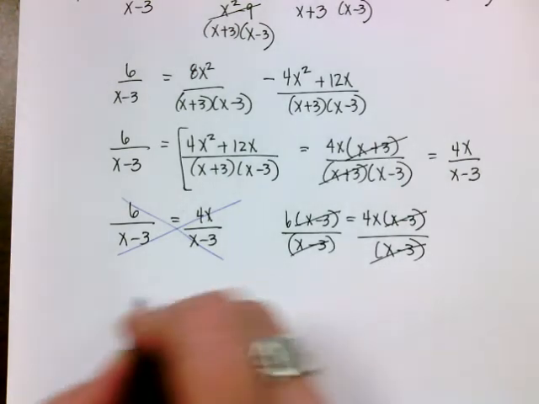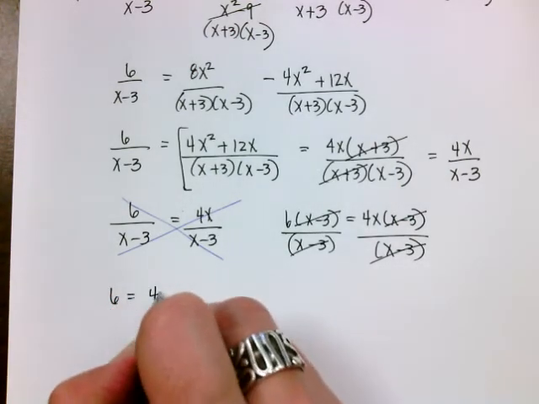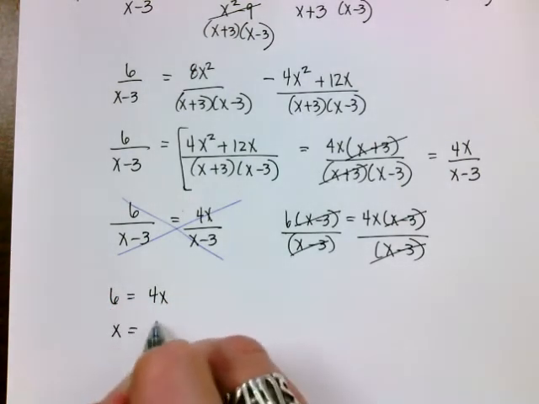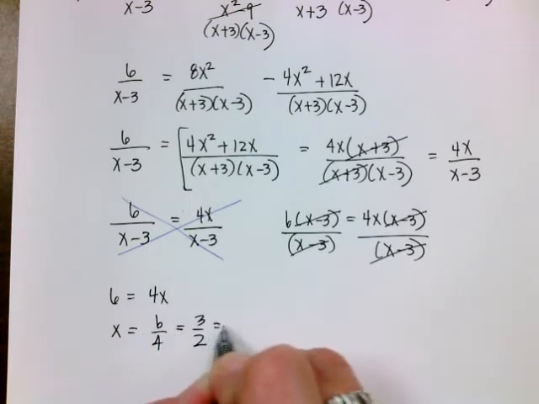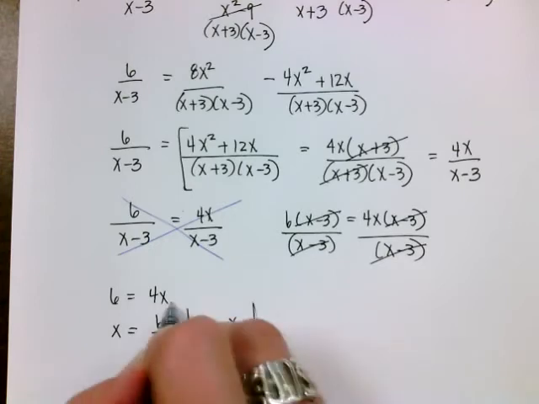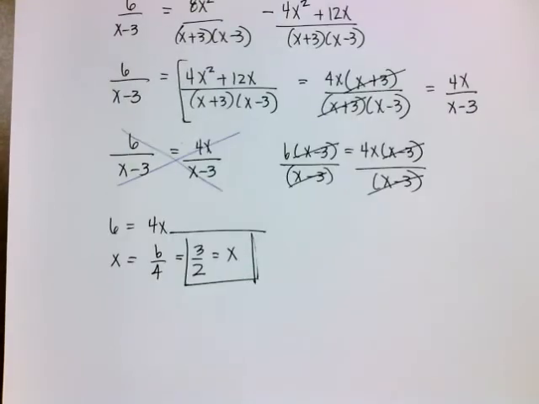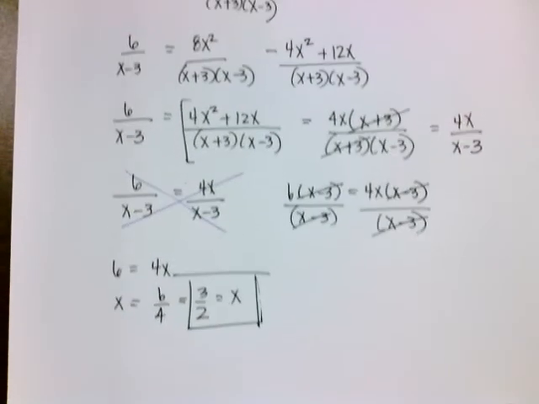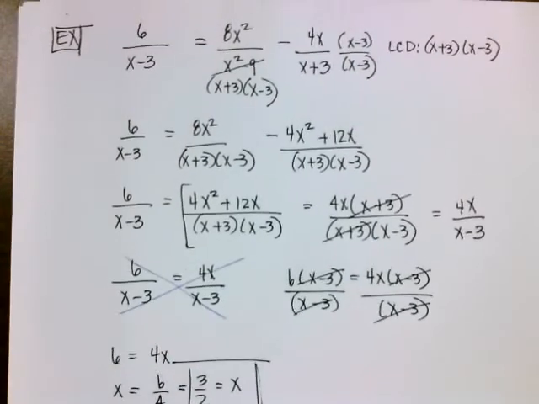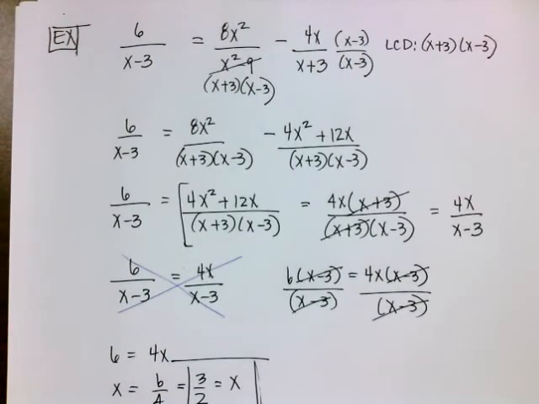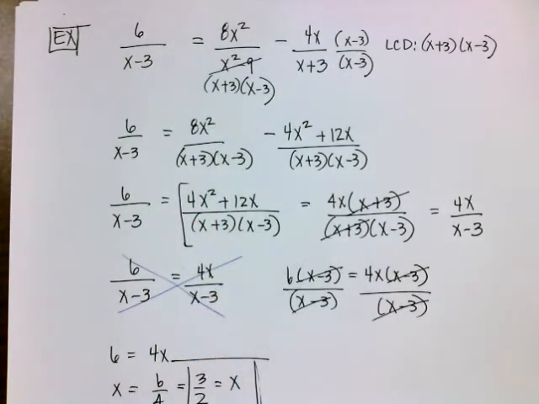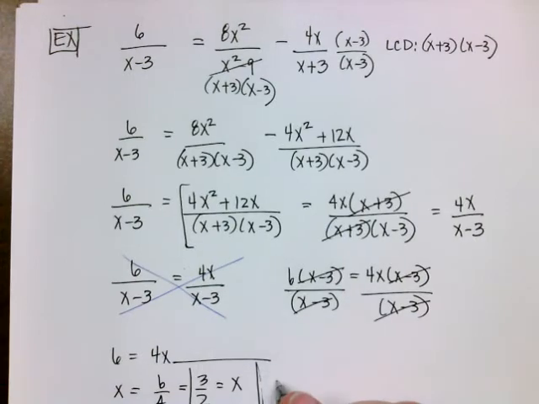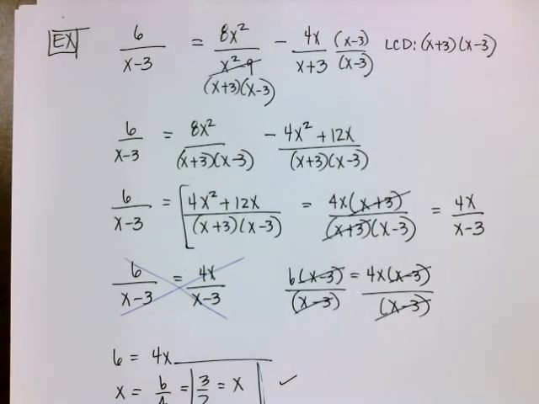So I'm left with 6 is equal to 4x, so x is going to equal 6 divided by 4, reduce that fraction, and I get 3/2. And there's my solution. So again, I want to go back to the very original problem. So where is it? Way up there. And I want to check that 3/2 will work in this one. Yes. So this is actually my solution, and we're good to go.